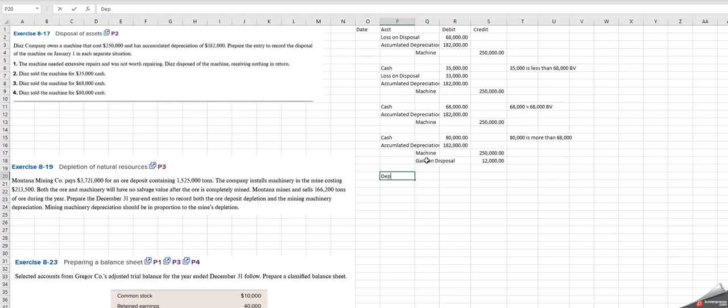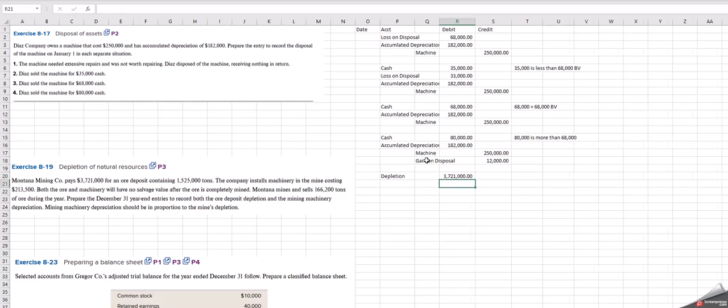So for the depletion, we are going to take the $3,621,000, and then divide it by 1,525,000 tons. So the cost divided by the units gives us a rate of $2.44 per ton. For our depreciation, we're going to take the cost of the machinery, which is $213,500, no salvage value, so nothing to subtract, and divide that by the 1,525,000 tons.